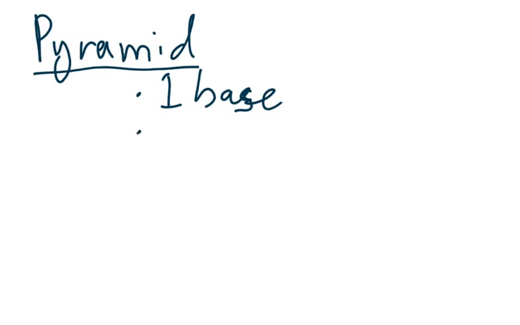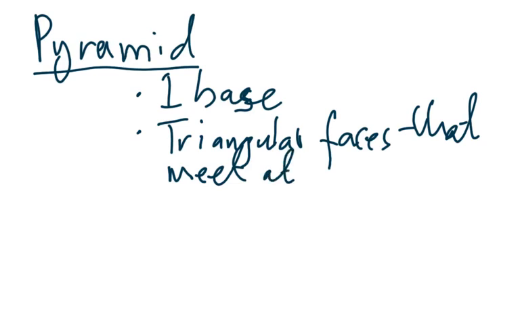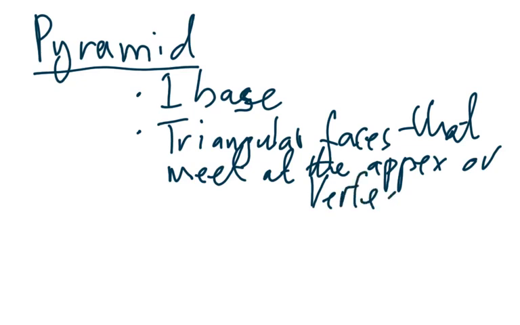It also has triangular faces that meet at the apex or vertex. So these are the two basic properties of a pyramid.